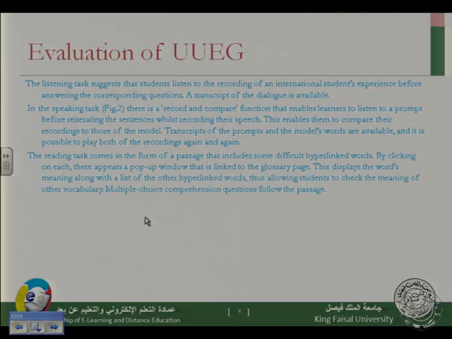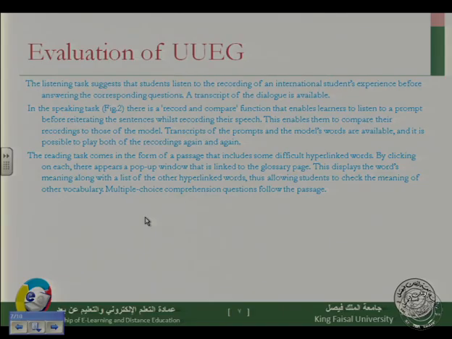The reading task comes in the form of a passage that includes some difficult hyperlinked words. By clicking on each, a pop-up window appears that is linked to the glossary page. And this is very good. In the passage, the difficult words are underlined.